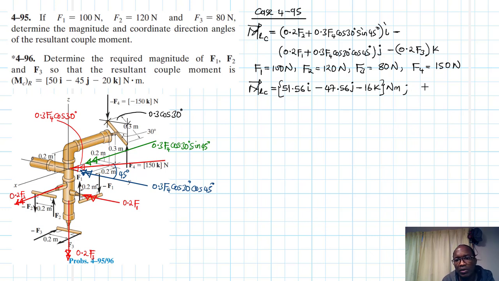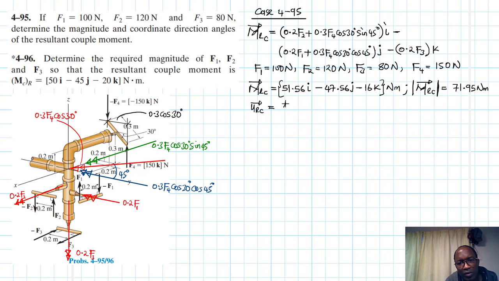Okay, great. So let's find the magnitude of this quickly using Pythagoras theorem. We have 51.56 squared plus 47.56 squared plus 16 squared. The square root of that gives us 71.95 newton meters. Now let's find the unit vector along that direction.